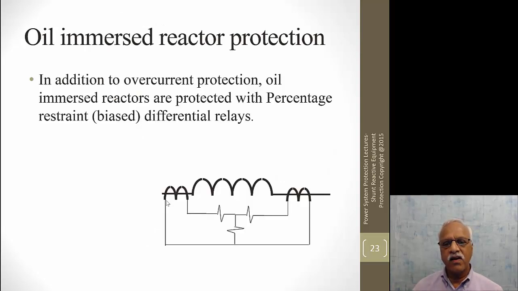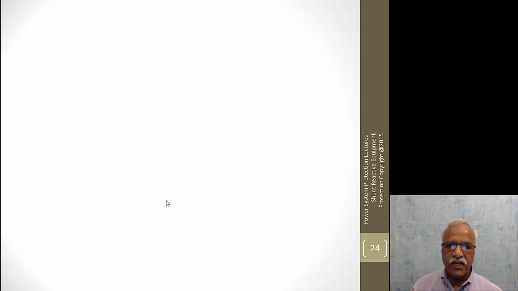When you look at the oil reactor, it is the same as a transformer. So we use a transformer differential relay with CTs on the phase side and the neutral side. You can also use 3 phase CTs and 1 neutral CT and form the 87N function, which we covered in transformer differential protection.